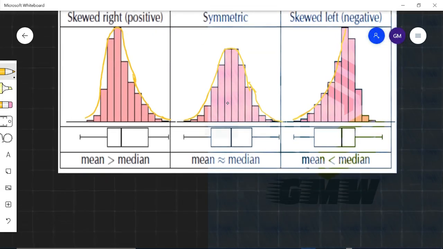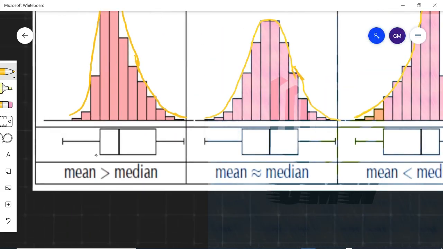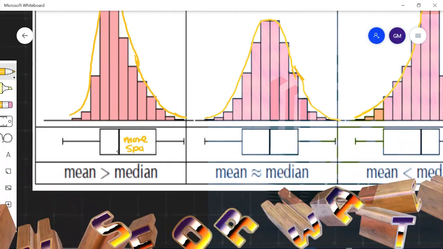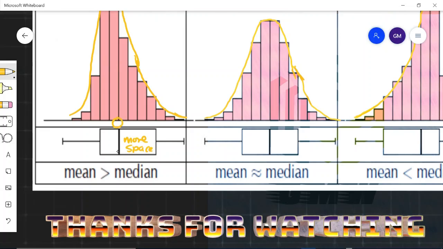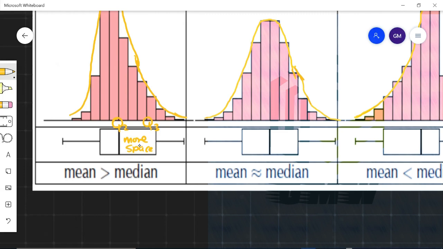If you are to pick it from the box and whisker, you see that on the right there is more space, more space between your Q2 and Q3. If there is more space to the right, it means it is skewed to the right. Here, the space on the left and on the right is the same, so you conclude that it is symmetrical.